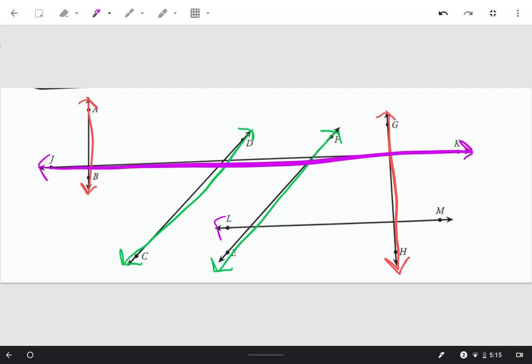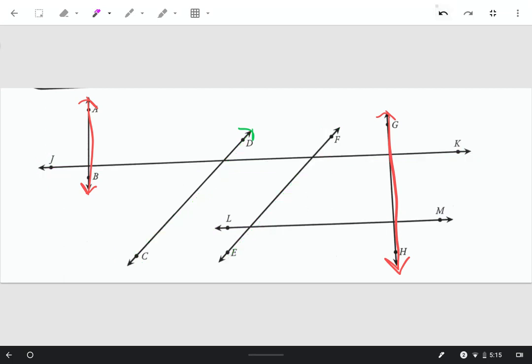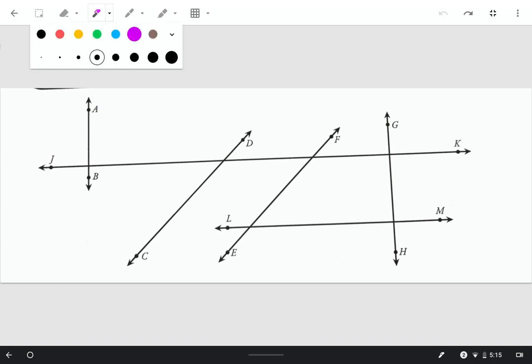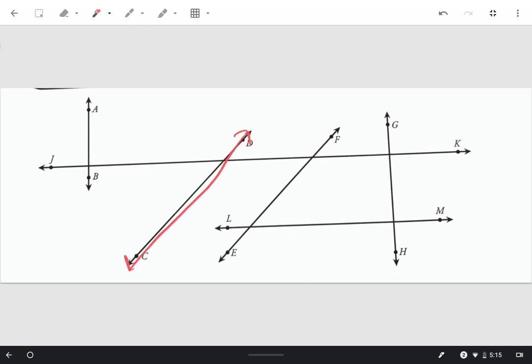Okay? Now, what if I ask myself, are there any intersecting lines in this diagram? Well, intersecting means that they cross at one point. So I have line DC here, and it crosses line JK at this point right here.